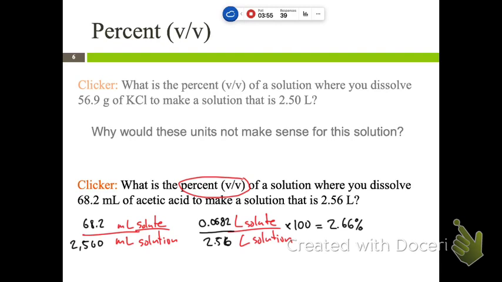Okay. So if we unpack those units, what does that mean? Go ahead and write it down. Do one more of these, and I think we're going to move on to applying these. What does 2.66% volume to volume mean?